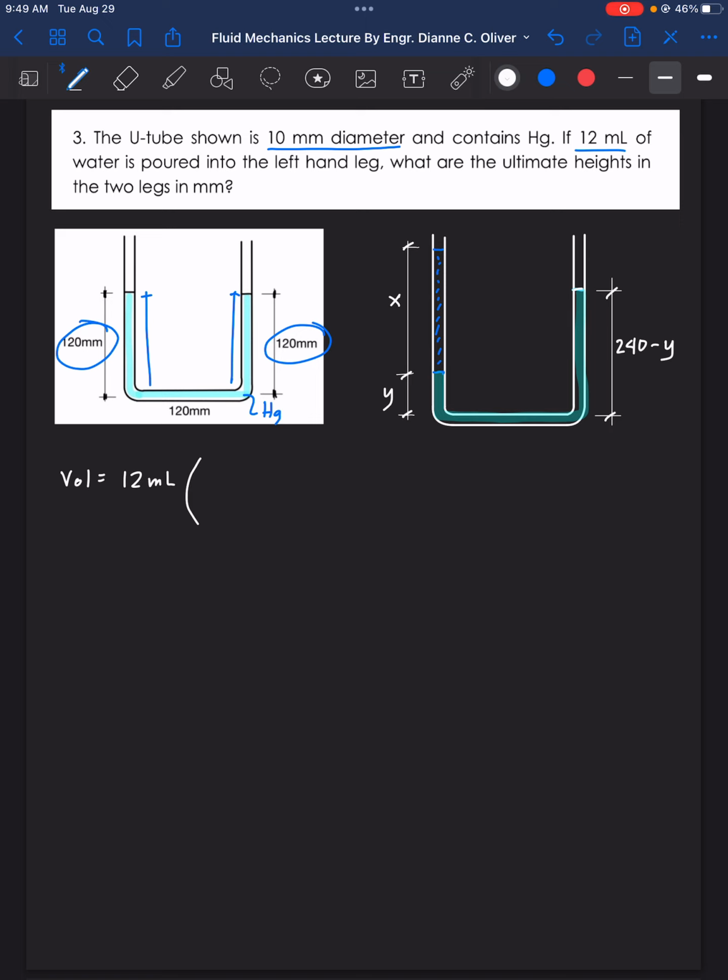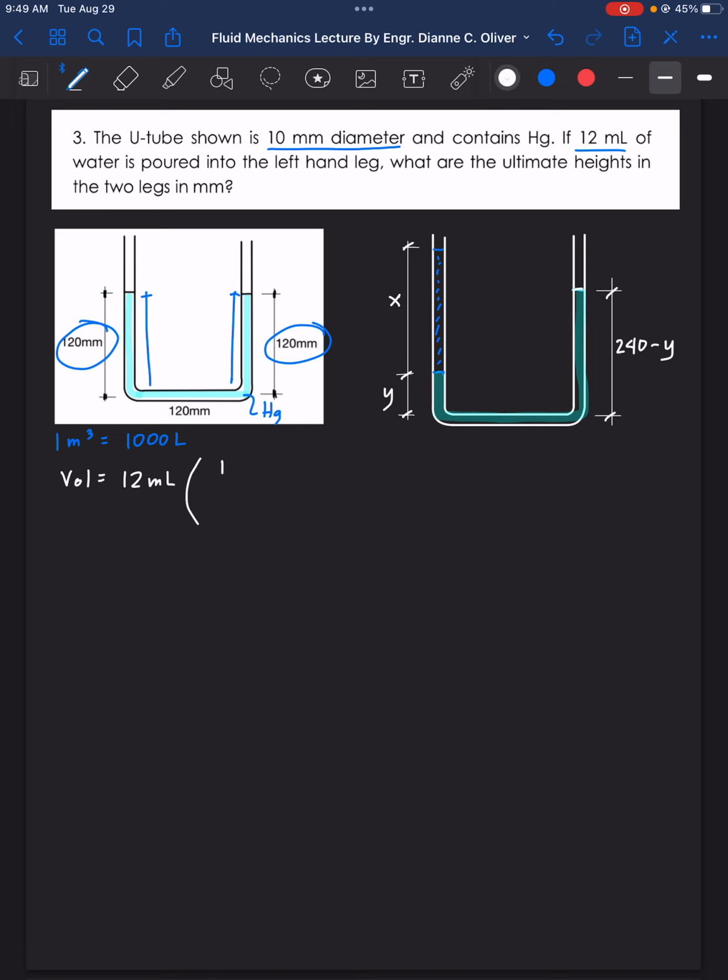Why? Because we have here 1 cubic meter, which is equivalent to 1000 liters. So let's use that conversion.